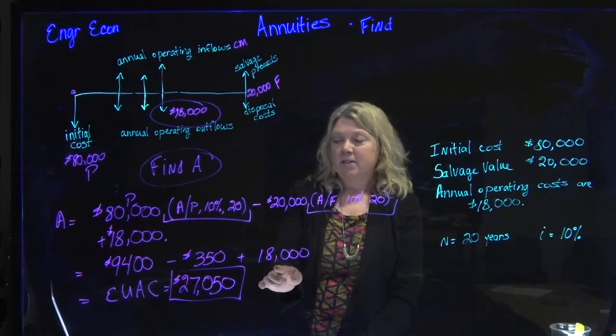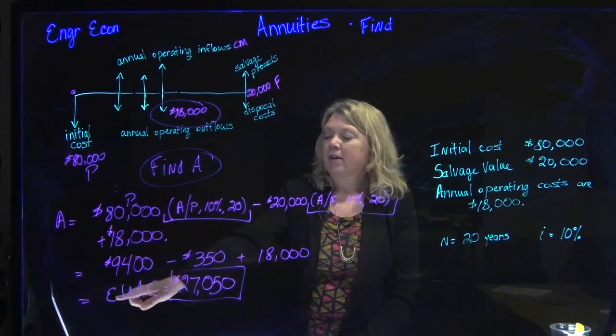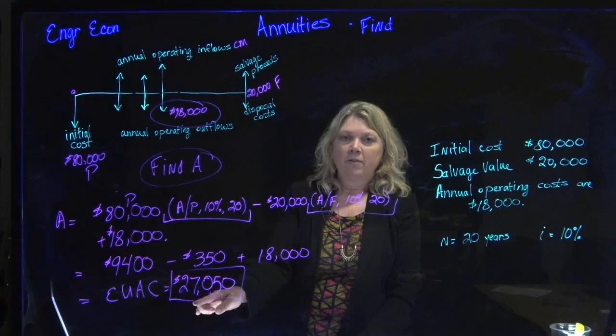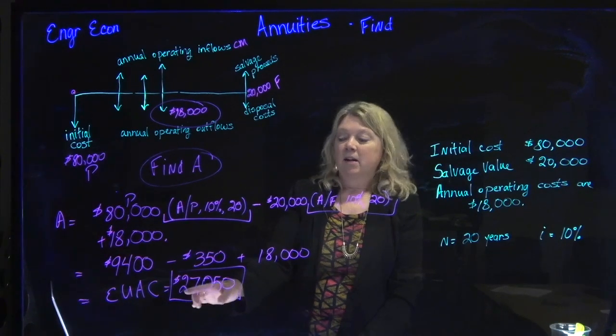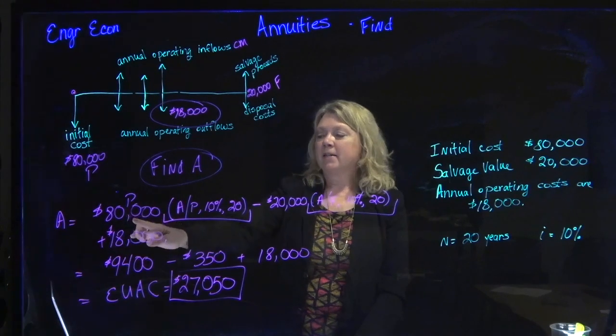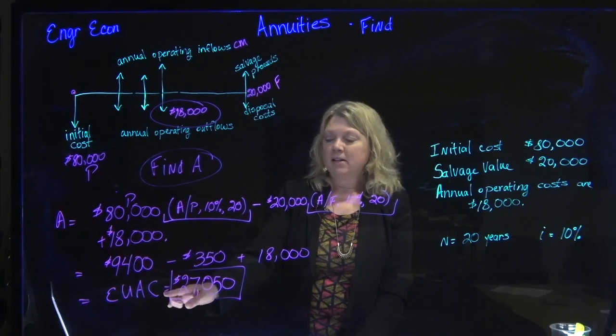Plus 18,000 is our annual operating cost. Net those together, and I get EUAC of $27,050. Now, how do I know that's a cost? Because I was treating costs as positives, and the answer comes out to positive, so that is a cost.